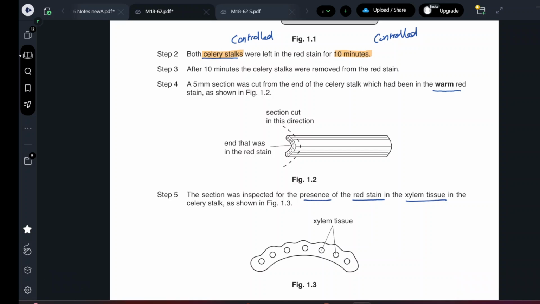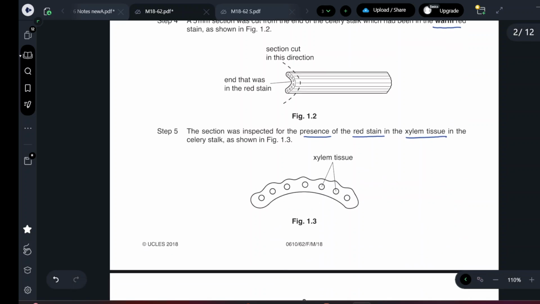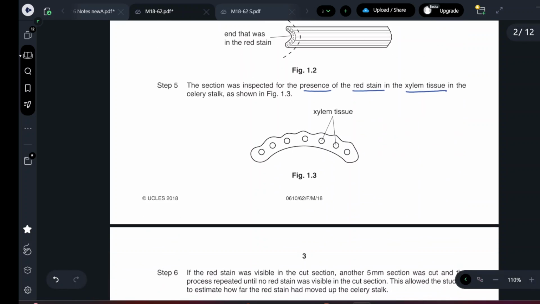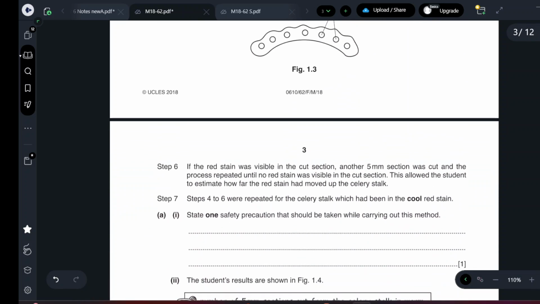The section was inspected for the presence of the red stain. I will check the cross section of the stem. If the red stain is visible in the xylem tissue, I will cut another piece. If it's not visible, then the stain did not reach this part and I will stop cutting. If the red stain was visible in the cut section, another 5 millimeter section was cut.